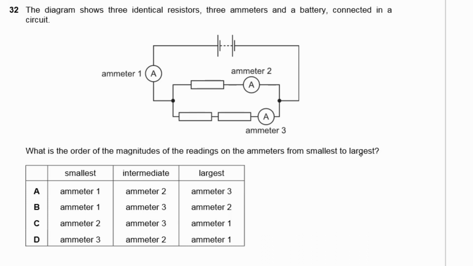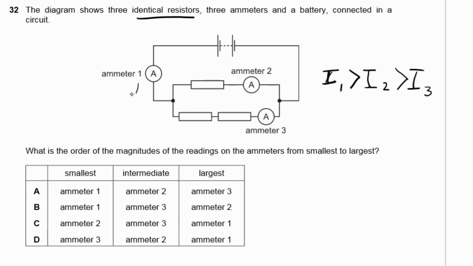Question 32. The diagram shows 3 identical resistors, 3 ammeters and a battery connected in a circuit. What is the order of magnitudes of the readings on the ammeters from smallest to largest? Ooh, alright, so it's 3 identical resistors, that's important. Now, ammeter 1 is going to have the largest reading because all of the current has to travel through it. So I1 is going to read bigger than both I2 and I3, but the next one up is going to be I2, because there's less resistance there than there is on ammeter 3, sorry.